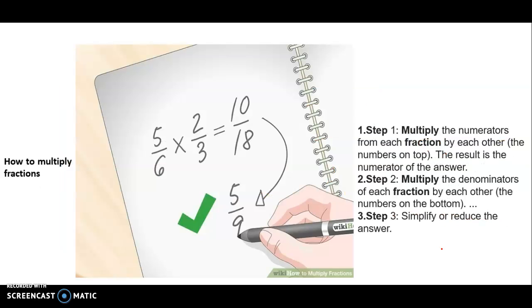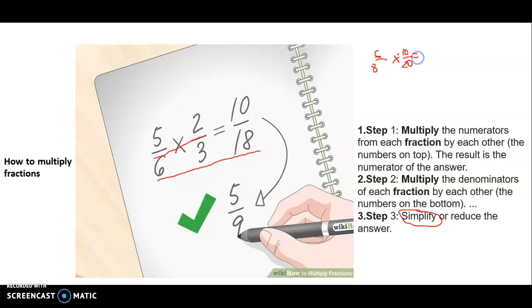Here we go, how to multiply fractions. It's very easy. We multiply the numerators together and the denominators together. So 5 times 2 is equal to 10, and 6 times 3 is equal to 18. This is 5 over 9 because we simplify. Now I'm going to put an example, 6 over 8 times 10 over 20.